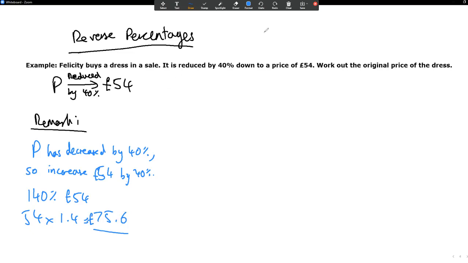This would actually be incorrect. This is wrong. It's the wrong way to think.